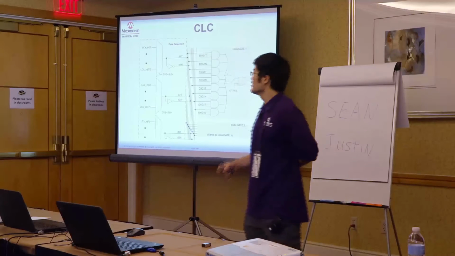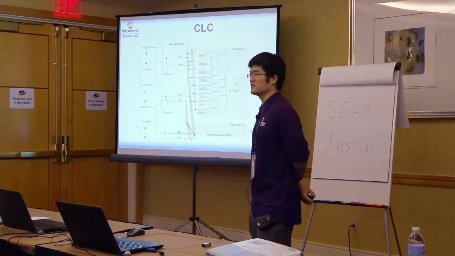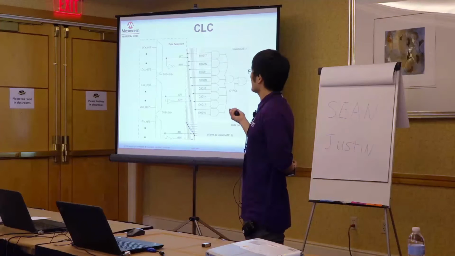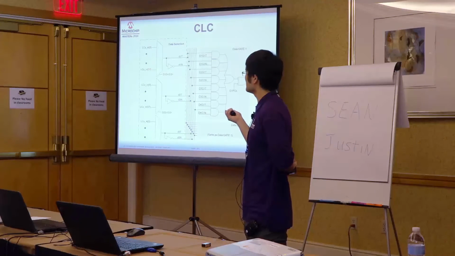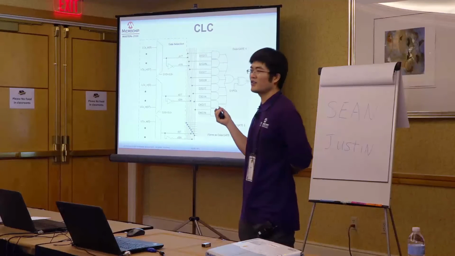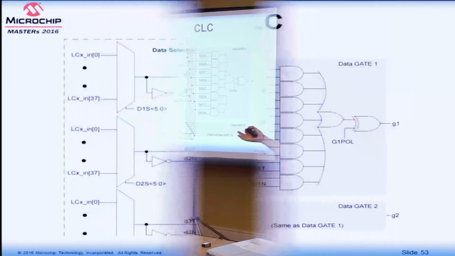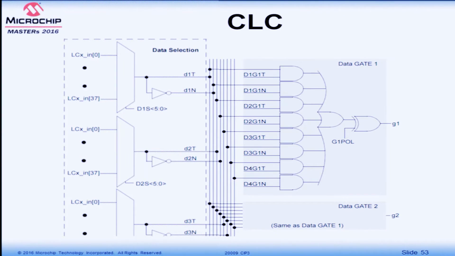So when we're talking about the data selection, what do we mean? Well, again, you have 38 different inputs you can choose from. Those basically cover all the internal peripherals, and you can, of course, also configure input pins, physical pins on the device, right? And then you mux them in. You get the signal itself and the negation of it.